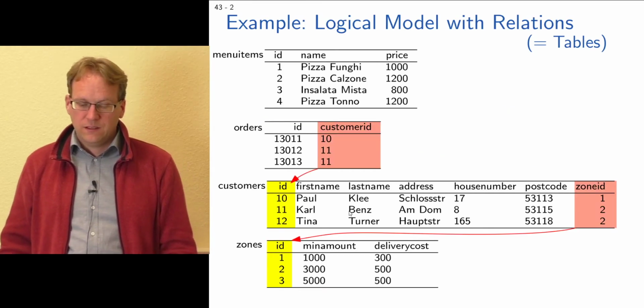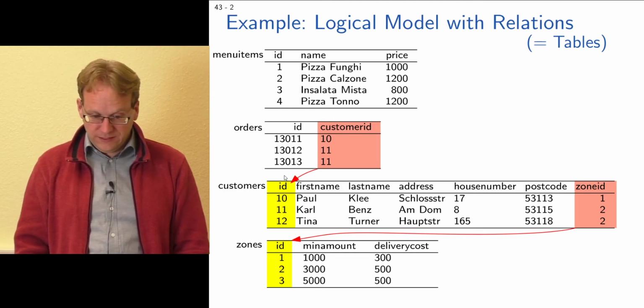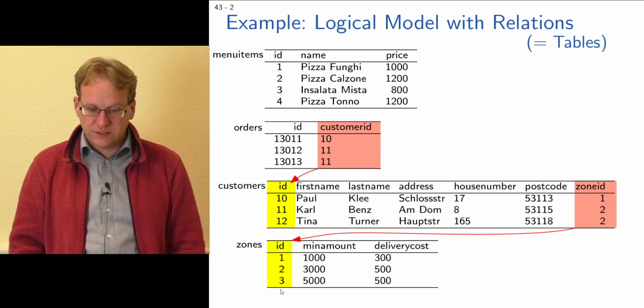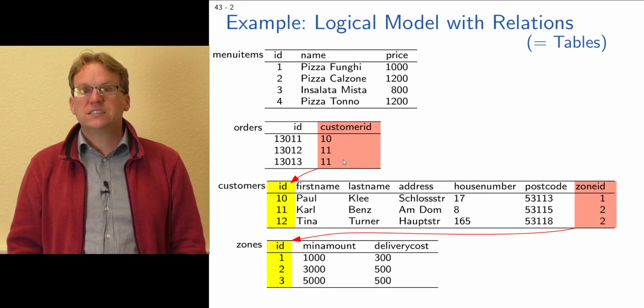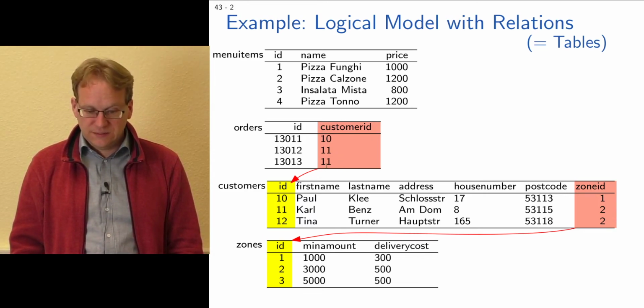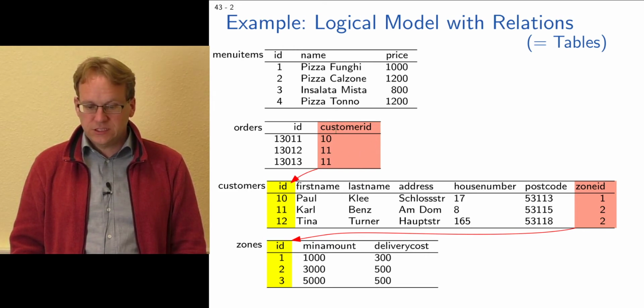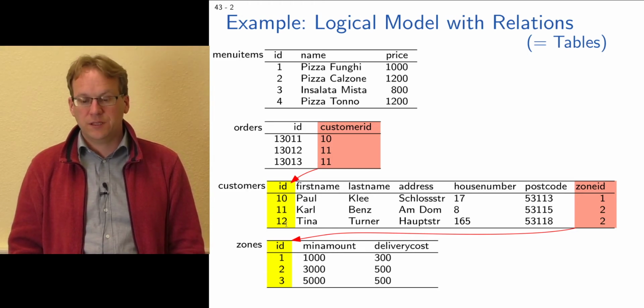Here, in yellow, you see the identifiers of the customers and the zones. And these associations in this table structure are simply implemented using an additional column, keeping the key or the identifier of these rows in the other table.